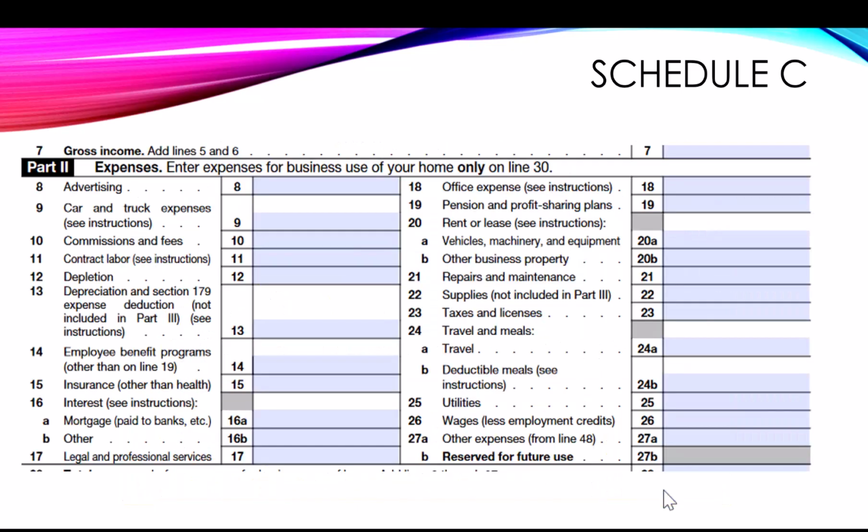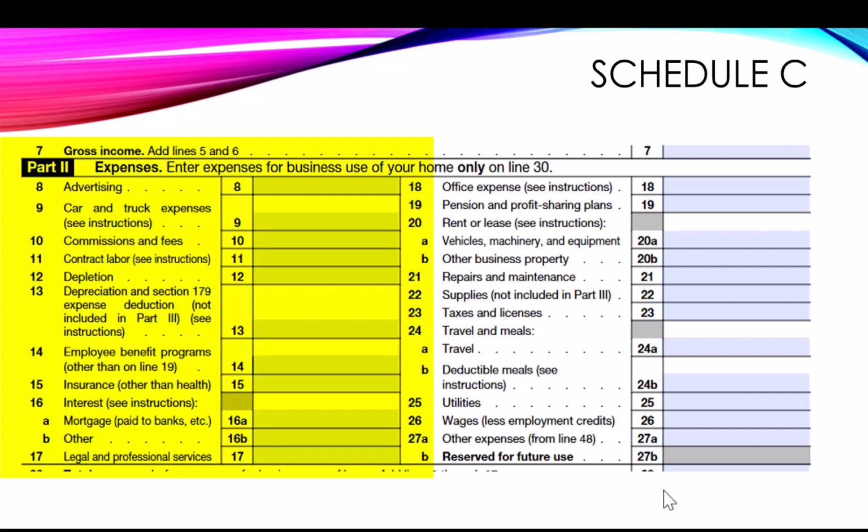Next, in order to arrive at taxable income, we can take our for AGI deductions. Instead of reporting the for AGI deductions on the face of the 1040, the Schedule C also has a Part 2 for you to list out the various ordinary and necessary expenses incurred in your business.